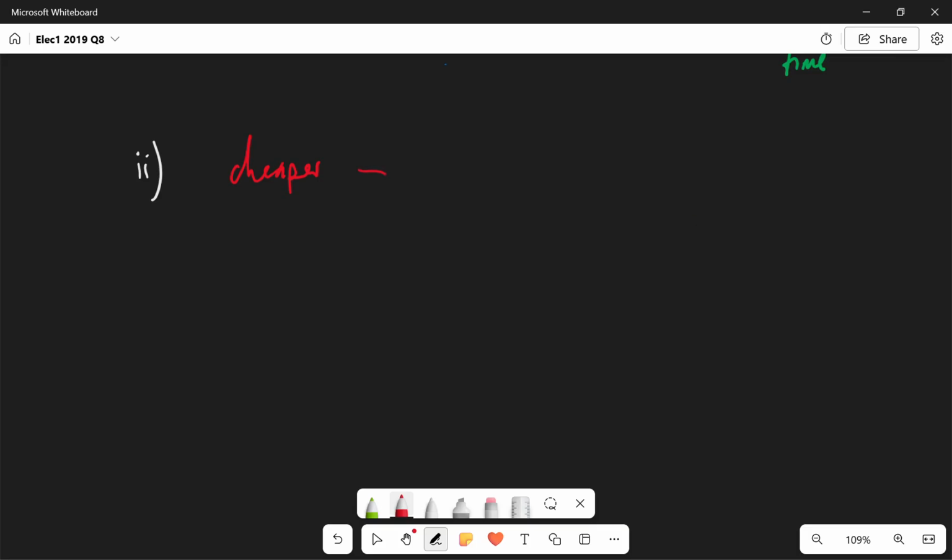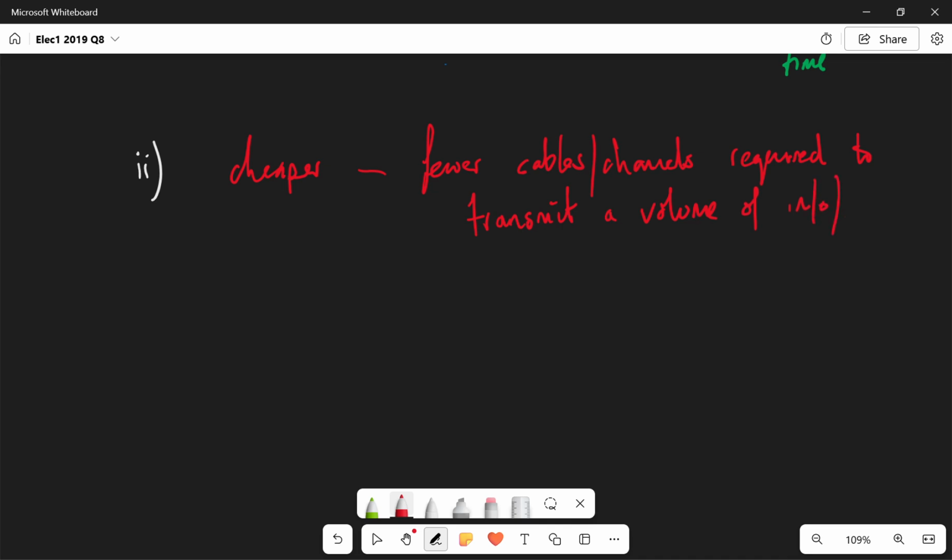And in this particular example, it's because there are fewer cables or channels required to transmit a volume of information or data. Okay, and that finishes question 8.